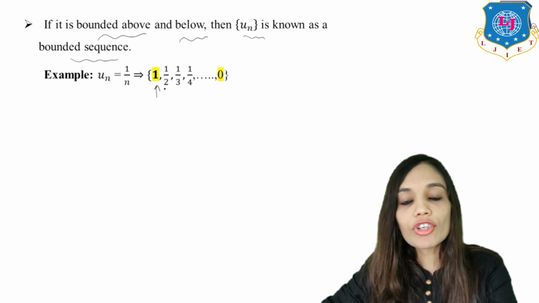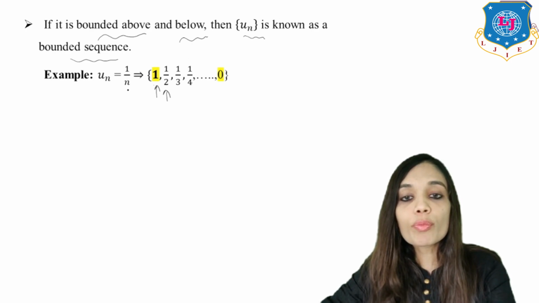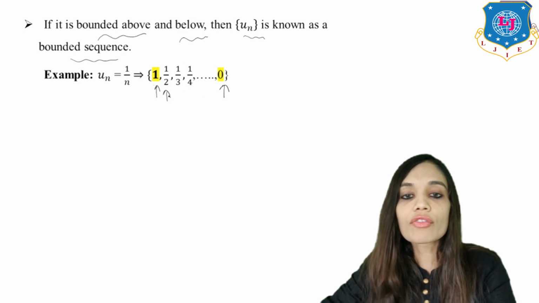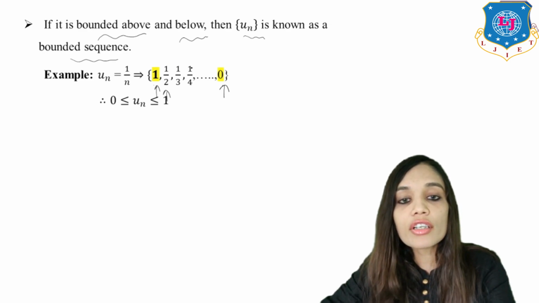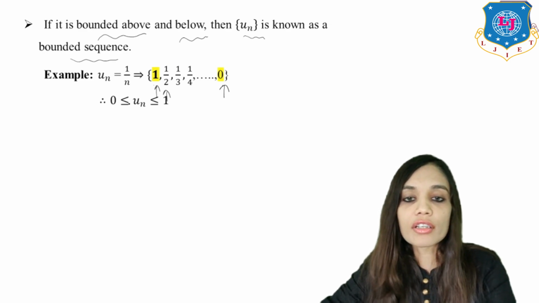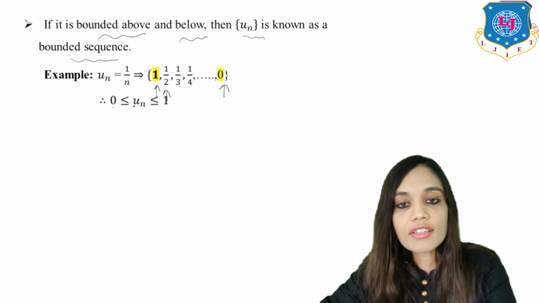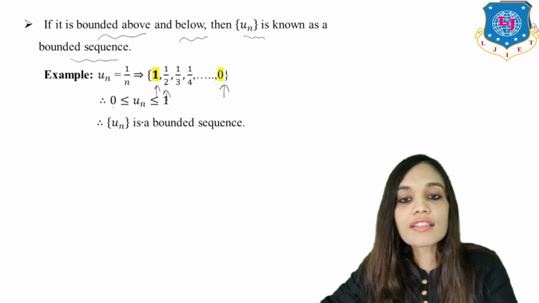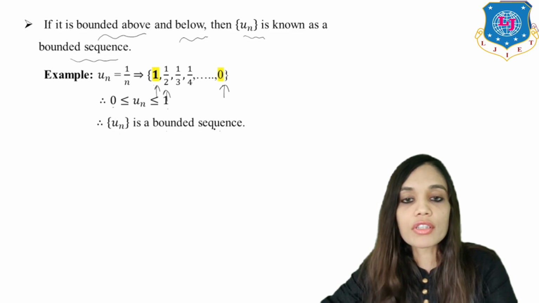If you put n equal to 2, you will get 1 upon 2 and so on. If you put n tends to infinity, then you will get your answer as 0. So the given sequence is bounded by 0 and 1. That is, bounded below by 0 and bounded above by 1. Therefore, we can say that the given sequence is a bounded sequence.